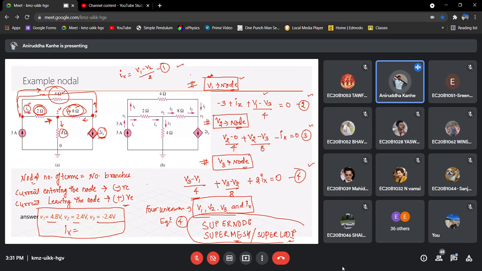And we will look at some questions from the loop analysis also. So far we have only considered the nodal, which is based on KCL, whereas the loop analysis is based upon KVL. So in the next class, we will see these two aspects, and then after that, we will go for the theorems.